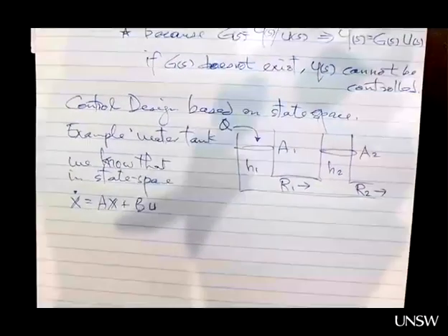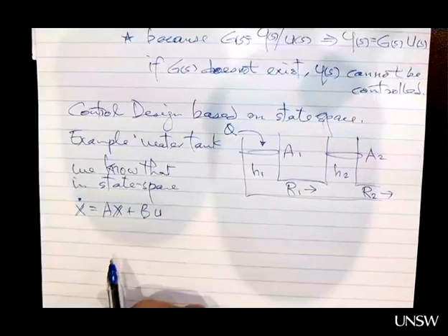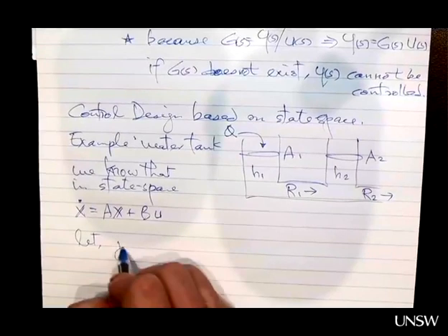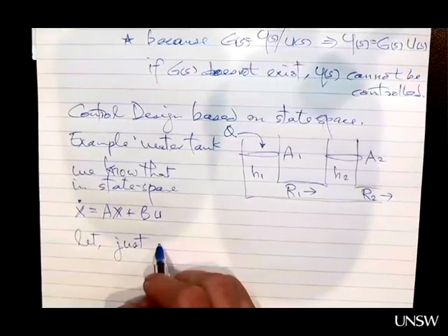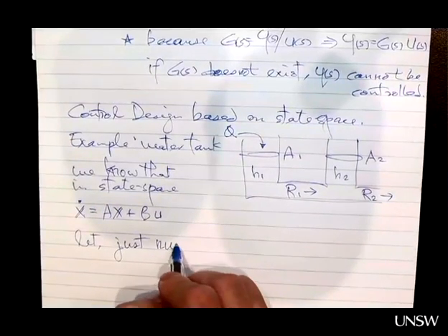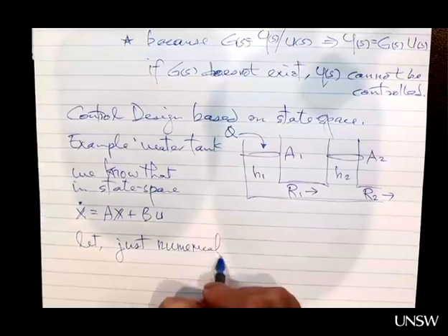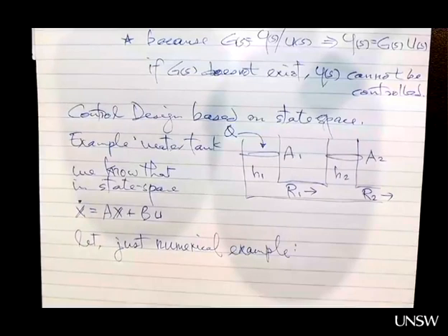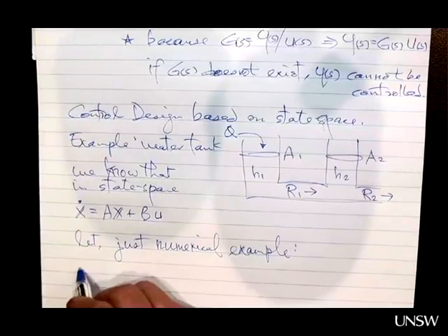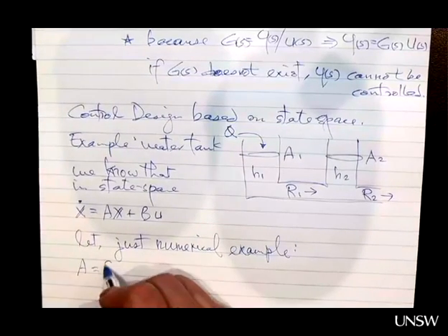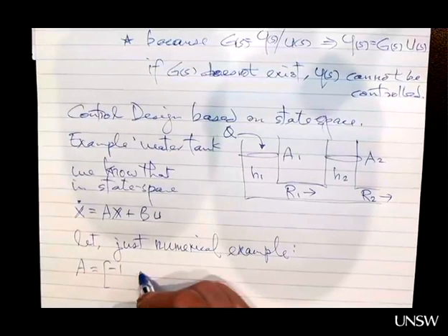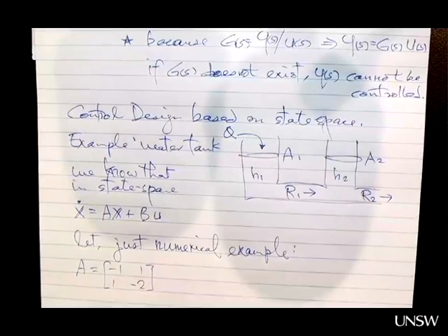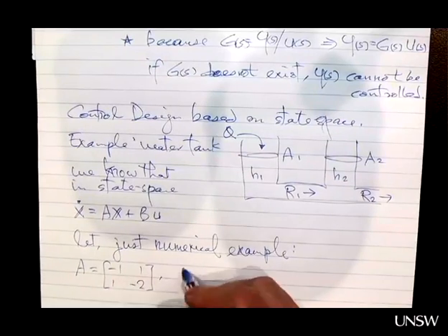And then we also let, just a numerical example, A equals something easy, minus 1, 1, 1, minus 2, and B equals 1 and then 0.